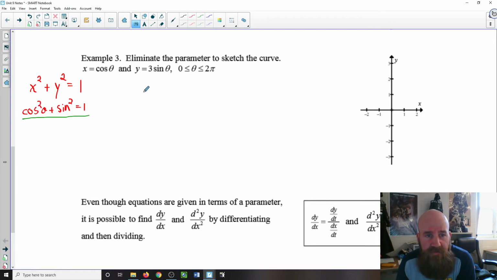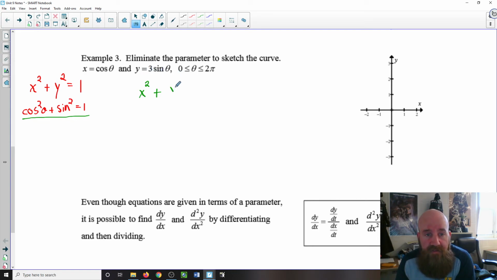So what is cosine equal to? Cosine is equal to x, so we can sub in x. Okay, so we have that. And then we're going to add sine squared. If we solve this equation for sine, we get y divided by 3 equals sine.